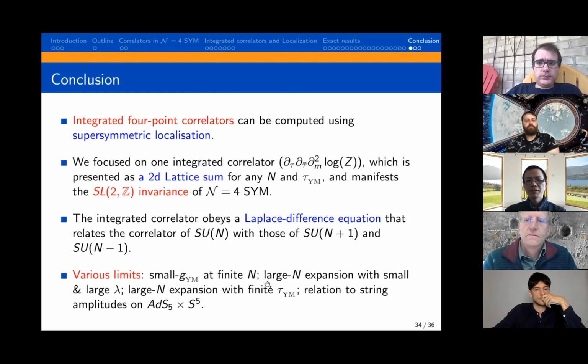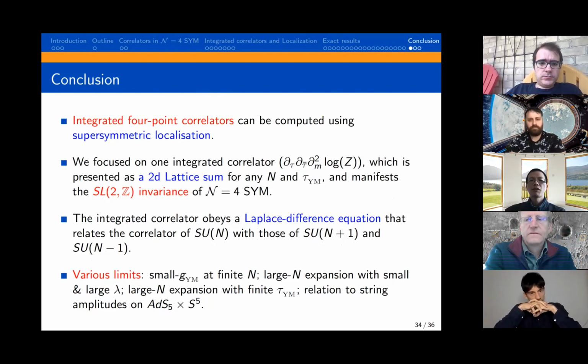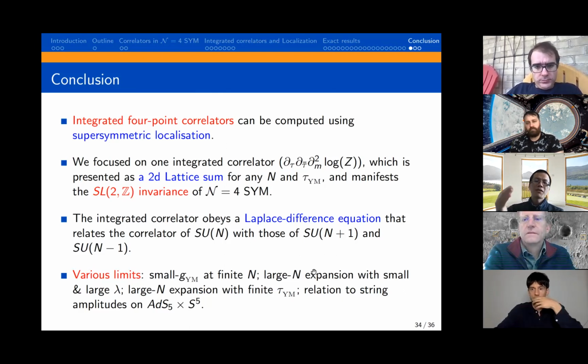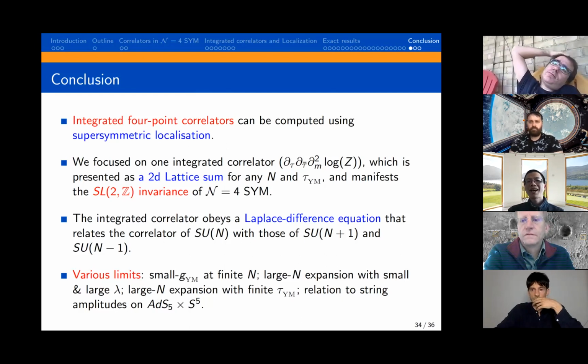Then I played a little bit with this conjectured formula. We studied the loop expansion and tried to compare with the known answer from a more standard method. We studied the 't Hooft expansion or large lambda expansion. And finally, I also studied the large N expansion at finite coupling. For that, I even reconstructed the unintegrated correlator and compared with the string amplitudes.